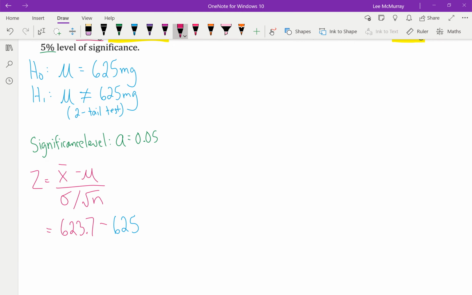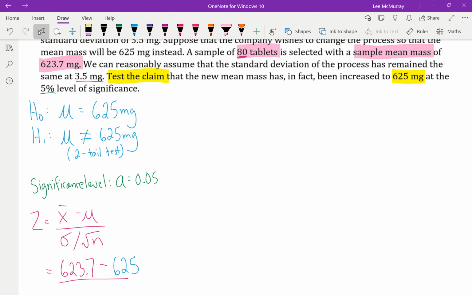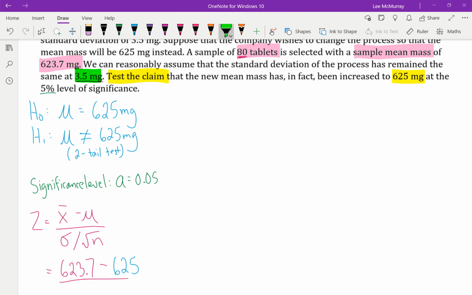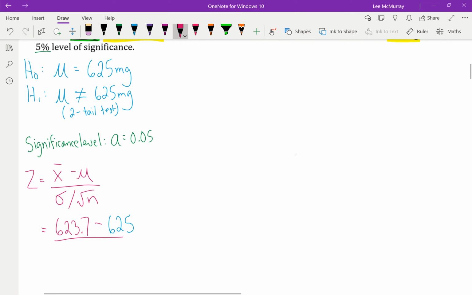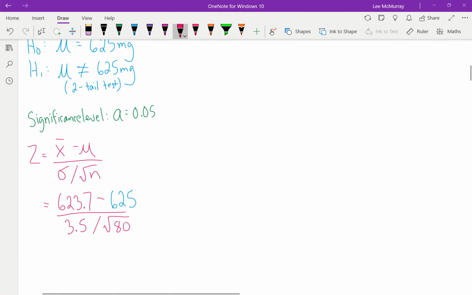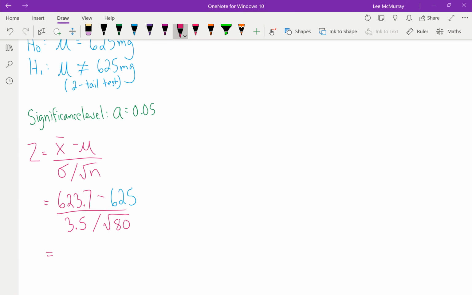Okay, and then we're going to divide that by the standard deviation, which was 3.5 milligrams. And we're going to divide that by the square root of 80 because we're dealing with 80 tablets. Okay, so let's go ahead and plug that into the calculator, and that'll spit out an answer of minus 3.32.